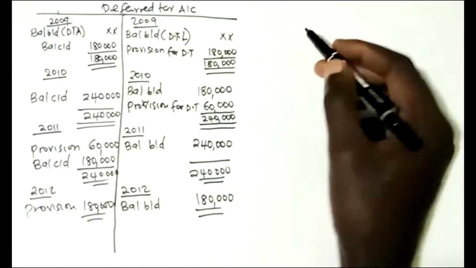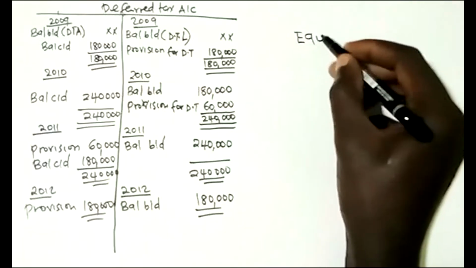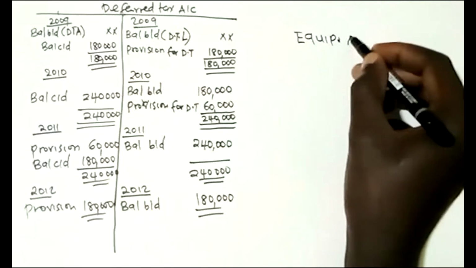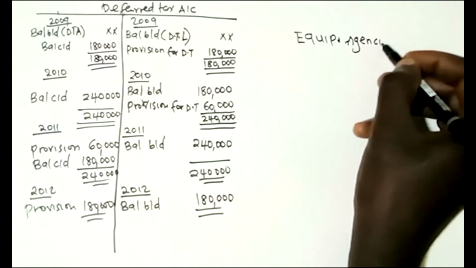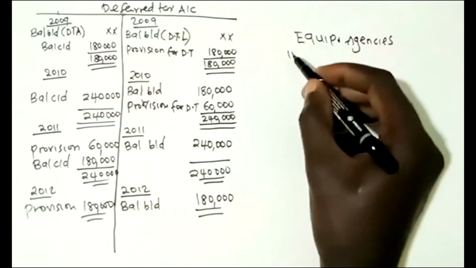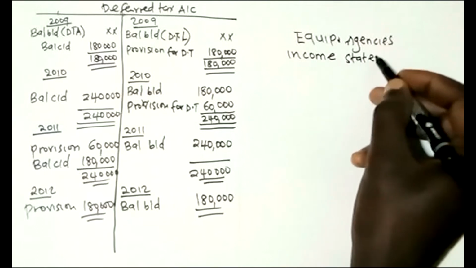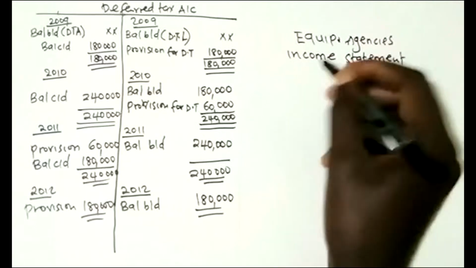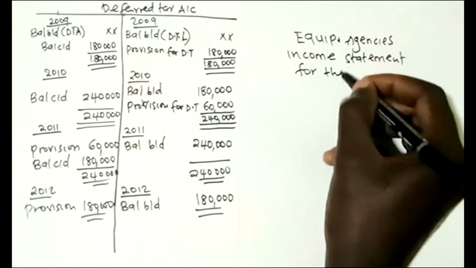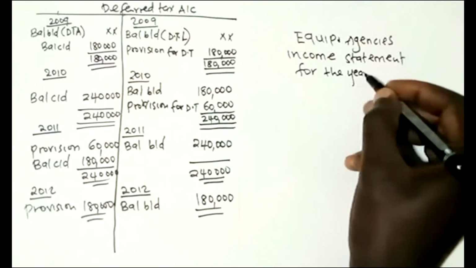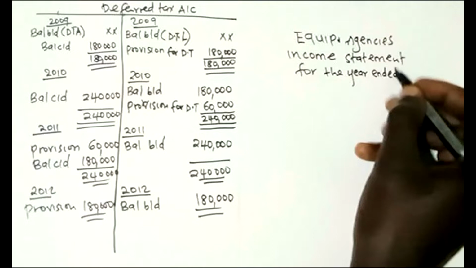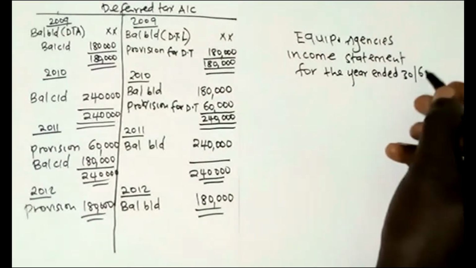And now, if the examiner was in need of an income statement, you could have said, Equip Agencies income statement for the year ended 30th June.